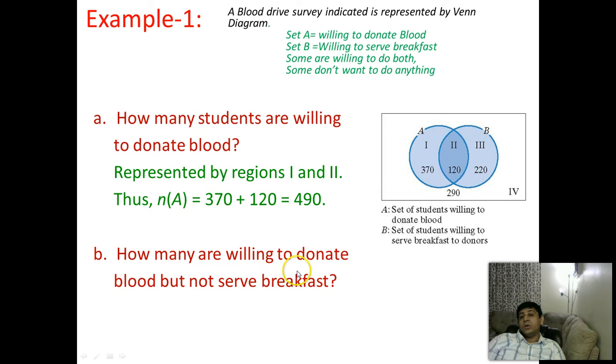We only want those numbers who are willing to donate blood only. So this is our region of interest. Mathematically speaking, this will be the intersection of A with the complement of B, and as you can see, the number comes out to be 370.